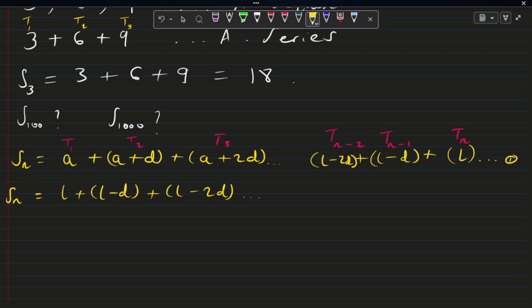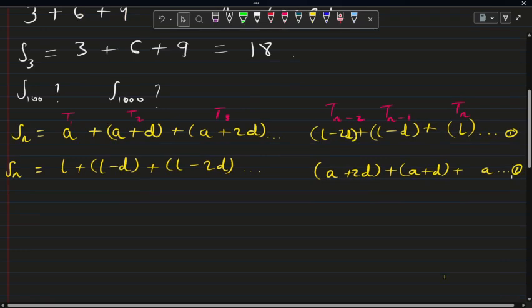And then I can say A plus 2D, and then I can say A plus D, and then I can say A like this. Let me just remove the brackets. Then I can say this is equation number 2.